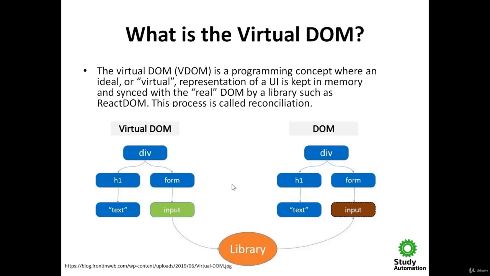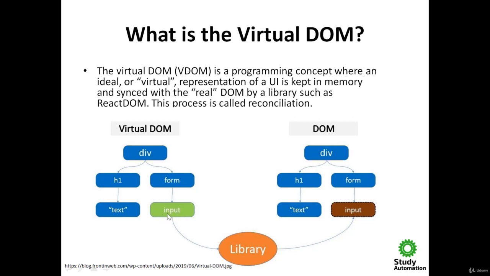So what is the virtual DOM? The virtual DOM is a programming concept where an ideal or virtual representation of the UI is kept in memory and synced with the real DOM by a library such as React DOM. This process is called reconciliation. Here we can see we have the virtual DOM and then the DOM.